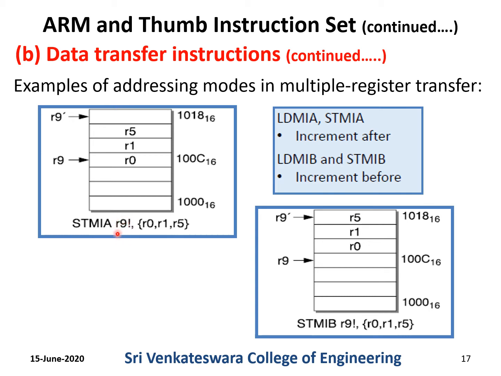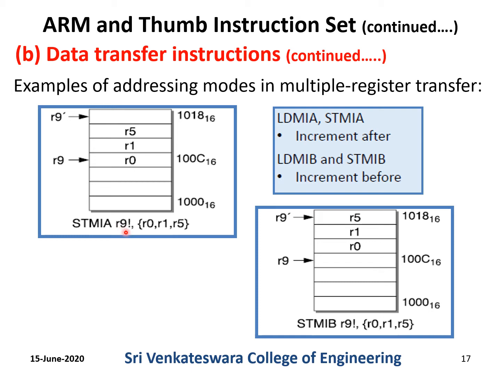The R9 register is holding the memory location's address. See the mnemonic IA, increment after. Initially the register values are stored and then R9's value is incremented, that is, the address is incremented.